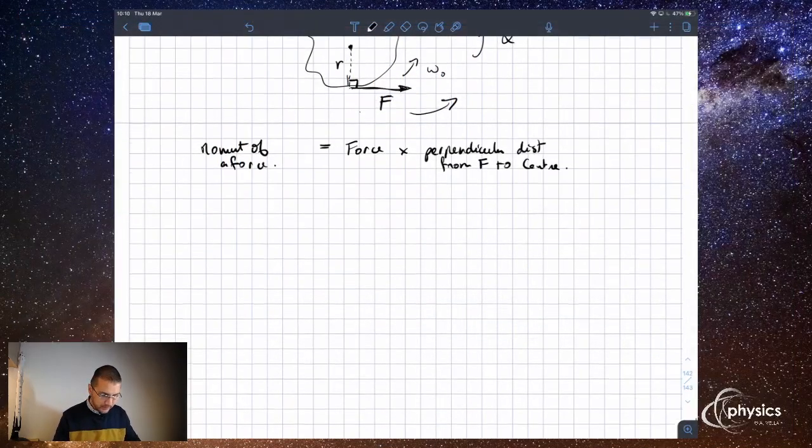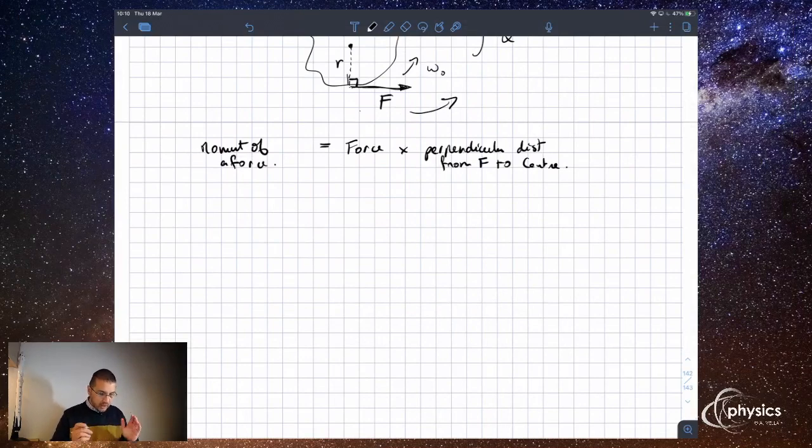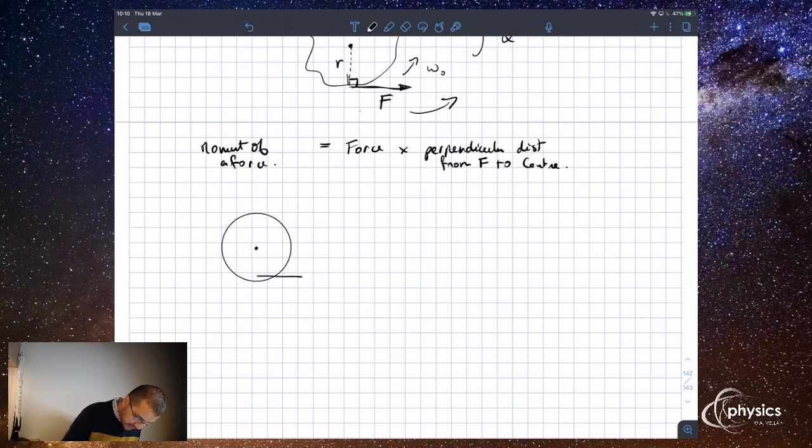Let's continue now. Now, when you have an object and you apply just a force perpendicular to the radius, like that, what happens is that actually that force is doing two things at the same time, if you can see it.